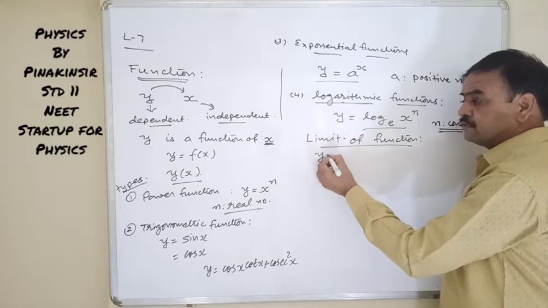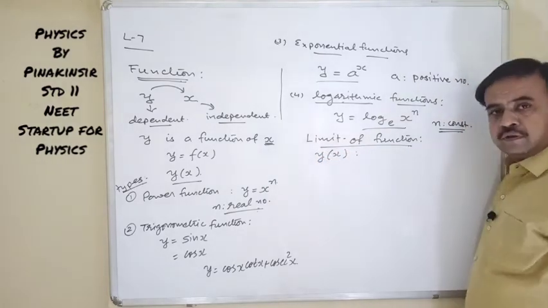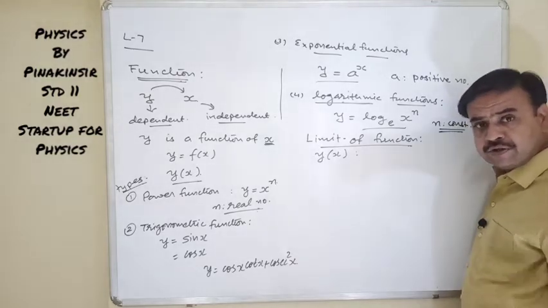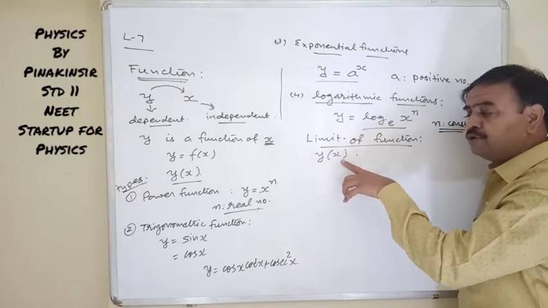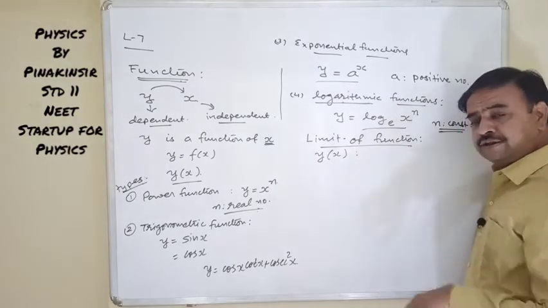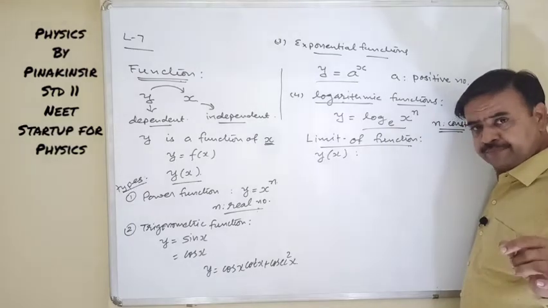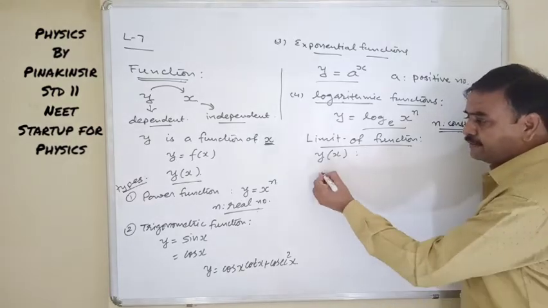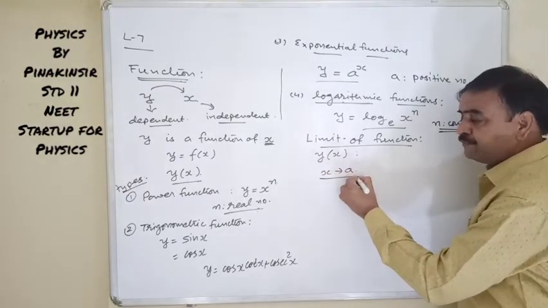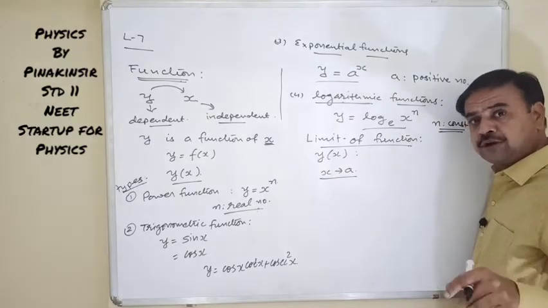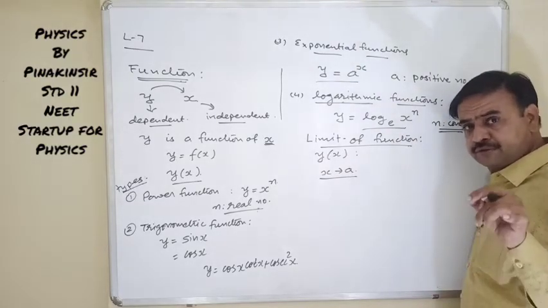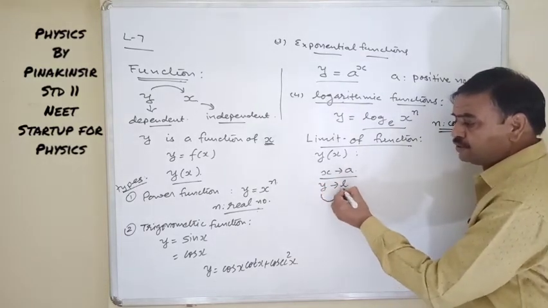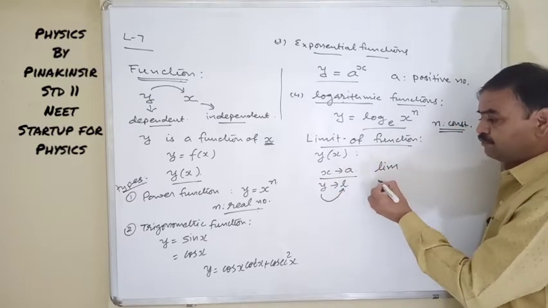For a given function y of x, there are some situations in which you cannot directly get the value of y by substituting the value of x. In that case, if x, that is the independent variable, is approaching some fixed finite value, say a, and the value of y is approaching some particular fixed number, say L, then the limit of y is said to be L. Limit is the symbol.